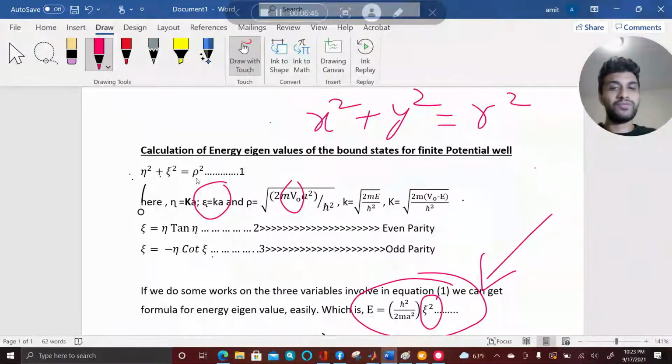If you get the values of b naught and a, you can easily find the value of rho that you have to fix in your equation before plotting. So in my plot, I'm going to use r as rho, x as eta, and y as xi.